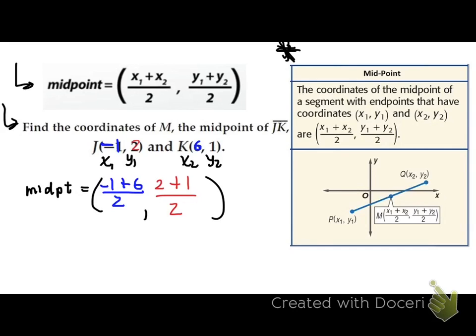All we want to be able to do now is simplify. What's -1 plus 6? 5. So 5 divided by 2. What's 2 plus 1? 3. You said 2? Don't say 2.